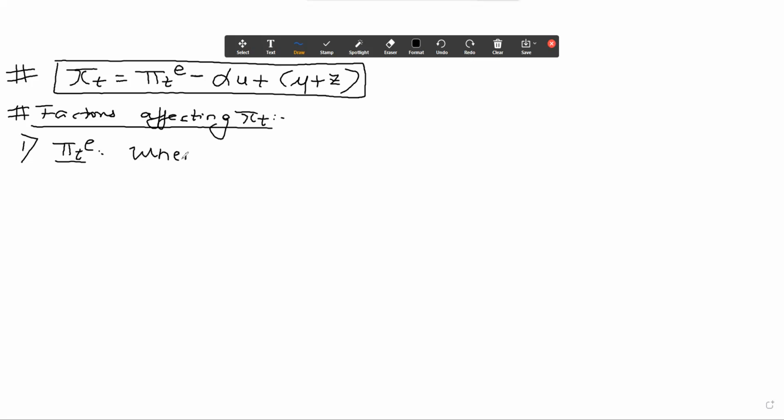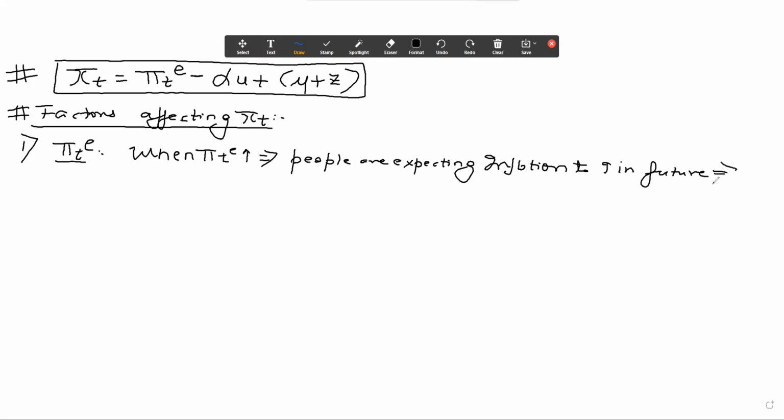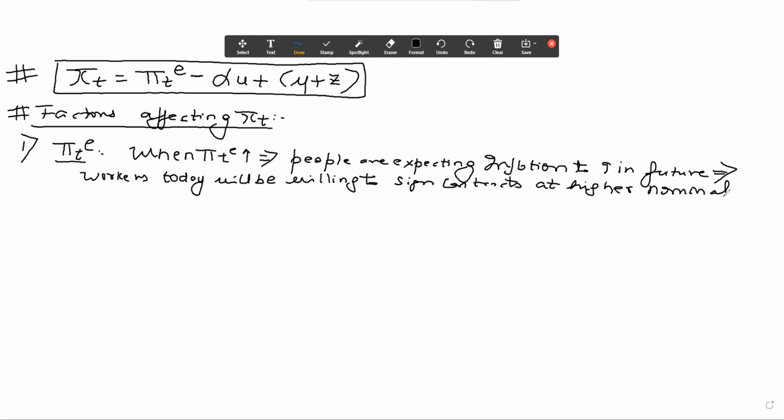So when pi t e goes up, this implies people are expecting the inflation to increase in the future, which implies workers today will be willing to sign contracts at higher nominal wages, which implies higher cost of production for the firms, which implies higher prices.